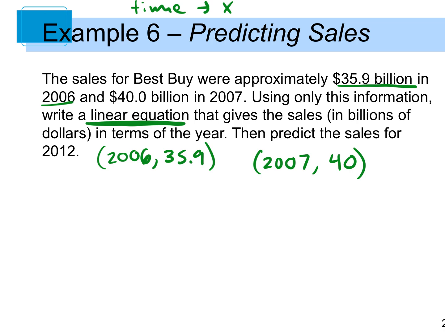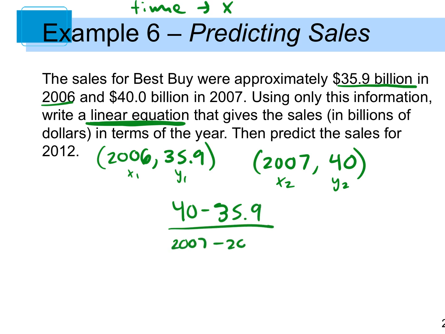So I'm going to say y2 minus y1. I'll call this x1, y1, x2, y2. So y2 minus y1 would be 40 minus 35.9 over 2007 minus 2006. So our slope would be 4.1 over 1, or just 4.1.